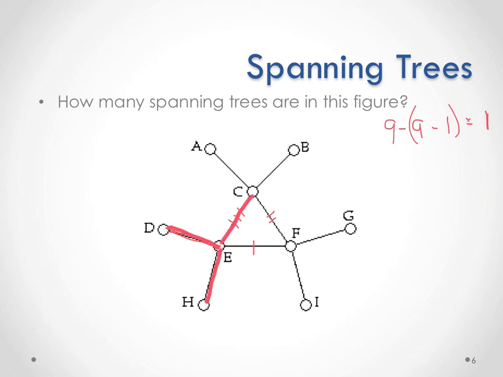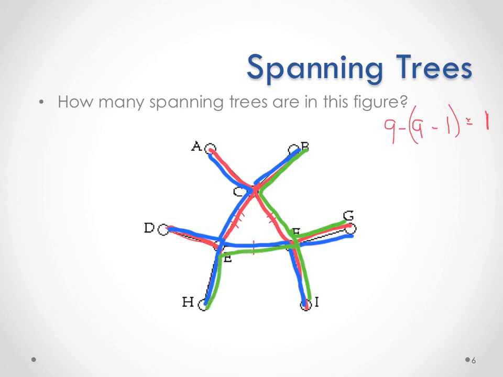One tree looks like this. One tree looks like this. And then the third tree looks like this. Those are the 3 spanning trees in that figure.